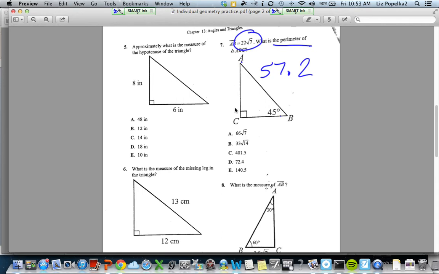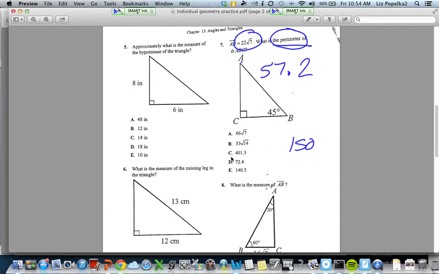So the absolute most that this triangle could be, if you add all the sides together, because remember that's what perimeter means, is probably somewhere around 150-ish. Because even if these two sides are pretty close to 57, they still have to be shorter. So your answer is going to be somewhere around 150 something.